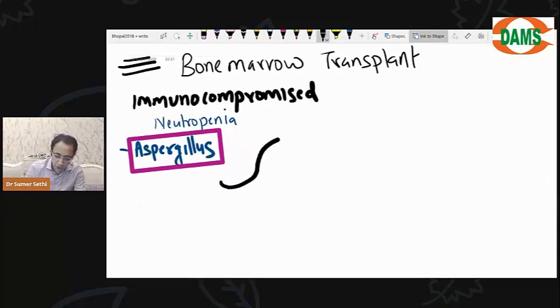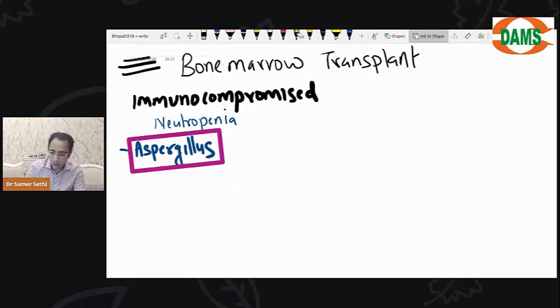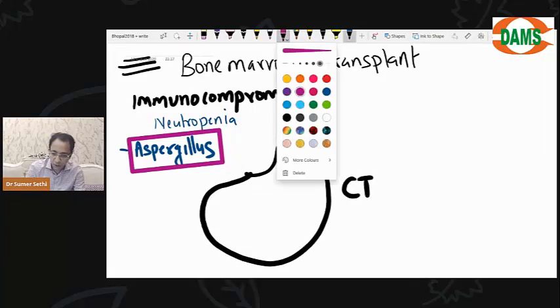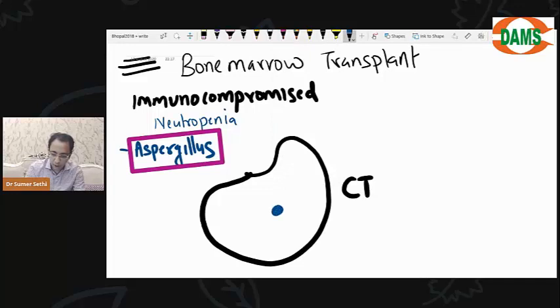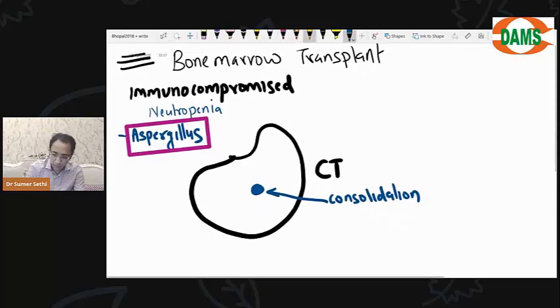So if I draw a CT scan of the lungs, these patients will develop a consolidation due to Aspergillus infection. Not only that, these patients will also develop surrounding hemorrhage.